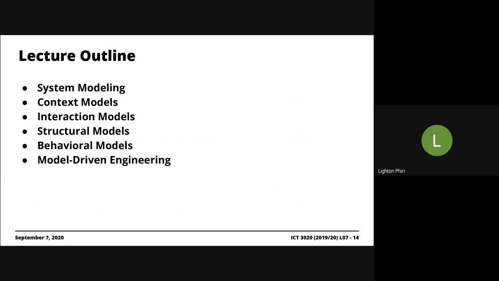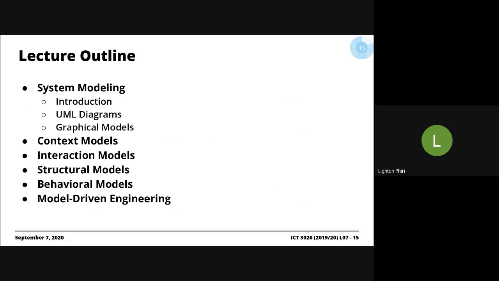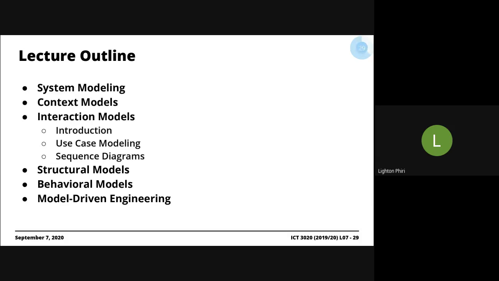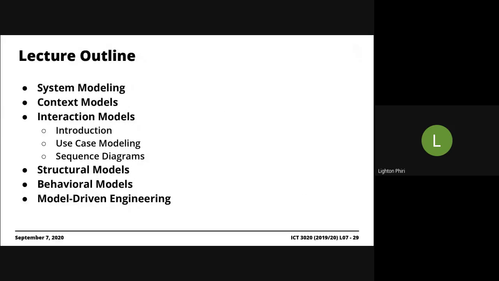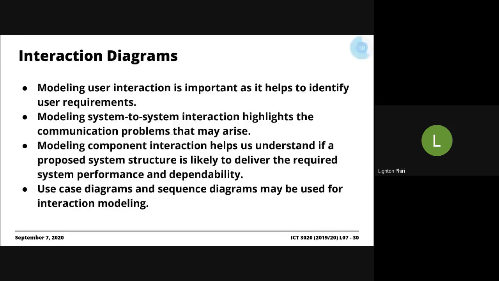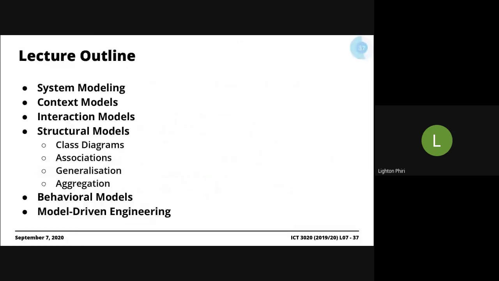So we stopped off at the point when we were looking at, we focused on two specific types of interaction diagrams. So we walked through use cases. Did we cover sequence diagrams? I wonder. Yes, I think we did. Yeah, we did.